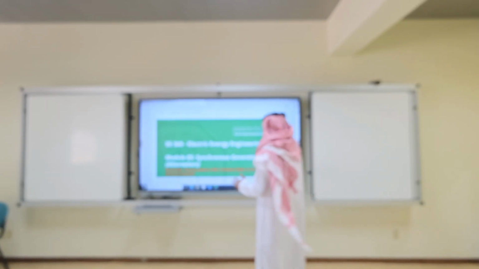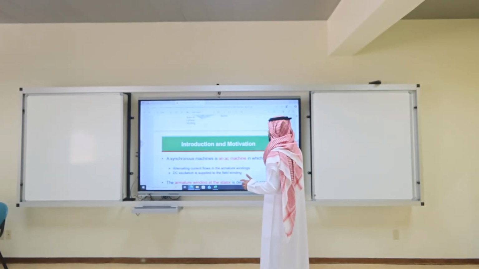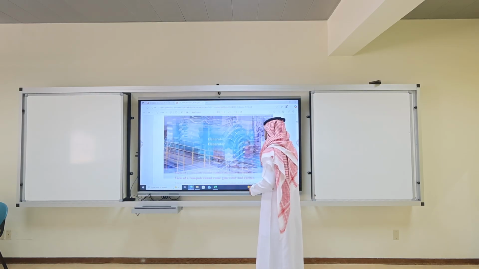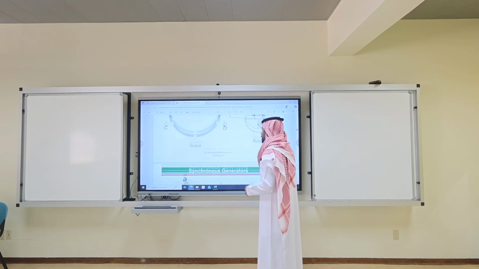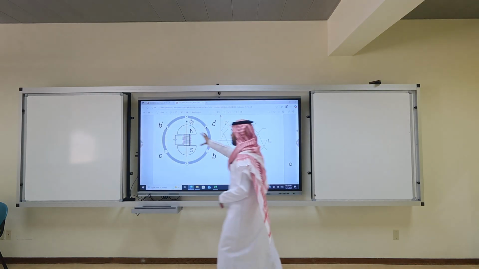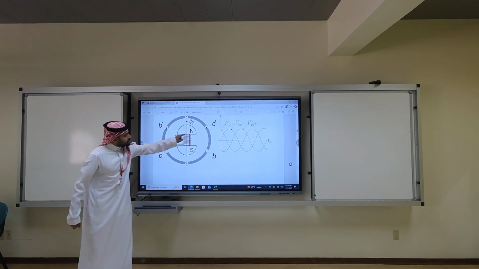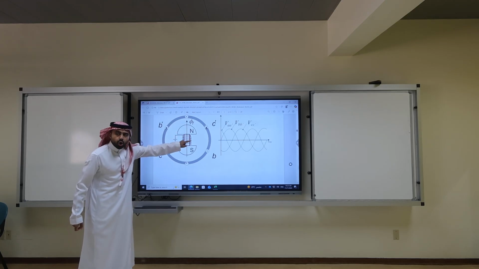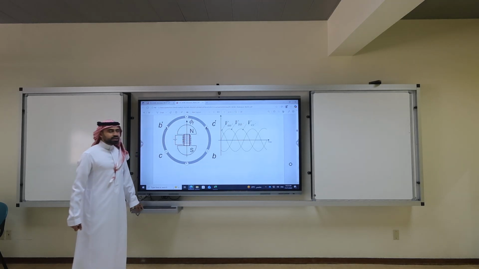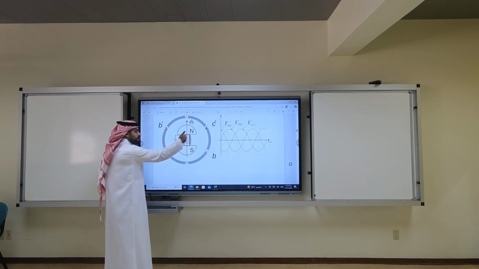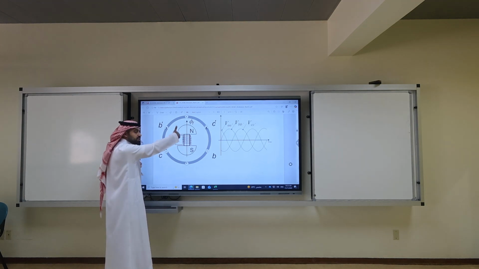Last time we talked about how the synchronous generator works. Do you remember what I told you? You have the rotor, you apply a DC voltage. A DC current will flow through the coils. If the DC current flows in a coil, apply the right-hand rule, then I get a magnetic flux. This magnetic flux will be constant.